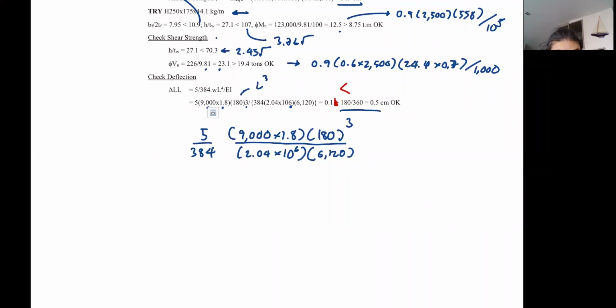It's still better to ask than not to. But you should know the answer. You learned that in mechanics of materials, right? Deflection calculation. Okay.